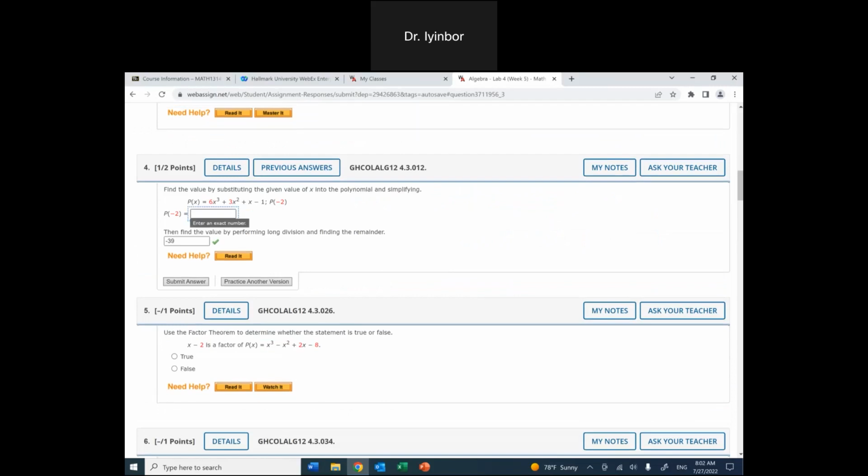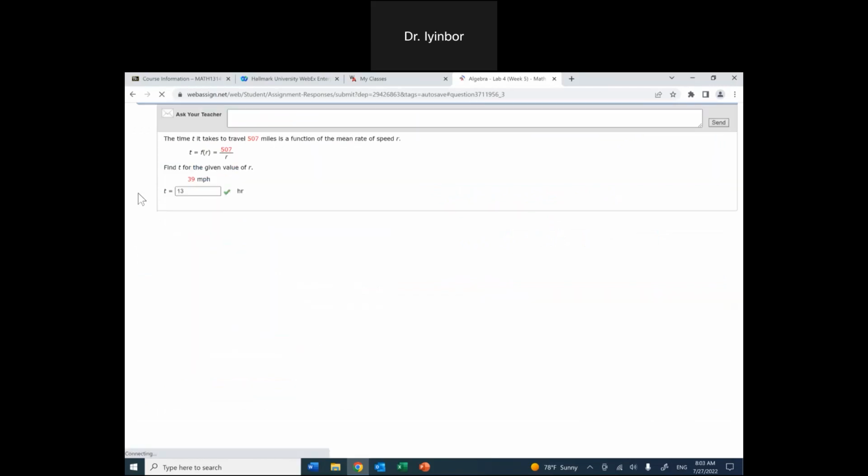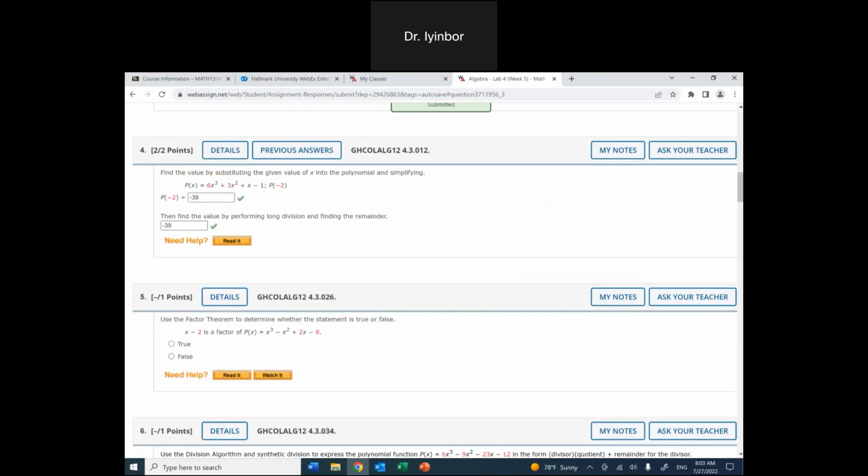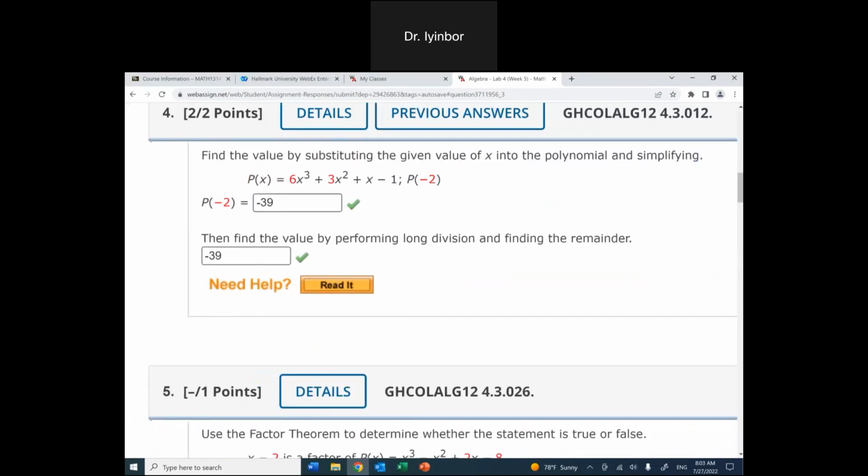And for this question, actually, both answers are going to be the same, because remember last time we talked about it. So for number 4, when you plug in negative 2, let me explain this one more time. Remember there was a question on the handout where they're asking you to find the remainder for the second one, and they're also asking you to plug in -2.